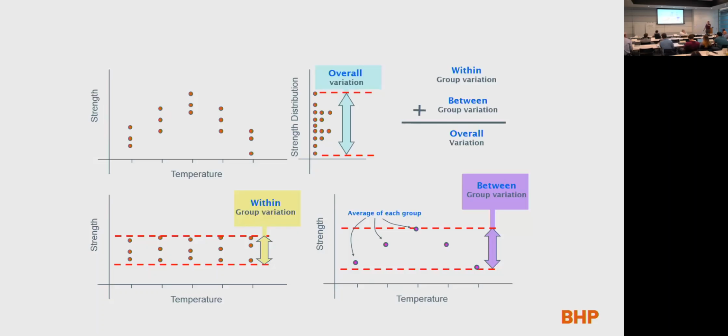So this equation is a little bit conceptual here, right? We're taking some representation of the within group variation and some representation of the between group variation, and that equals overall variation. And what we're going to do with statistics, all hypothesis tests are some kind of comparison of between over within. That was when I learned statistics the first time in college.